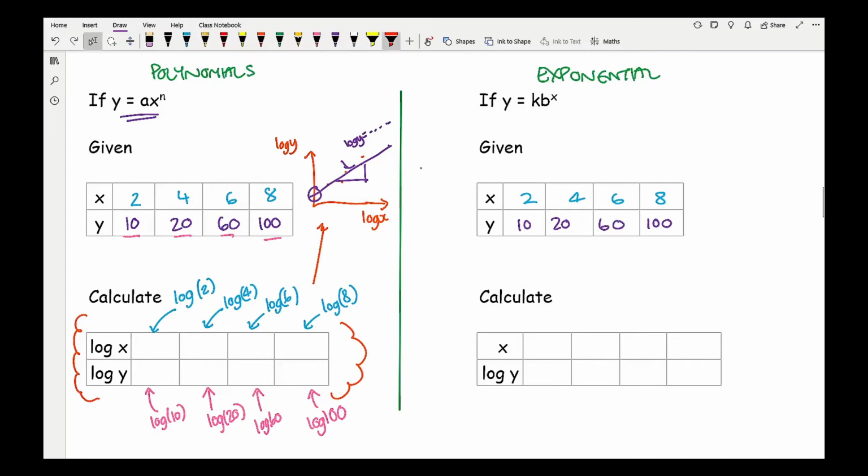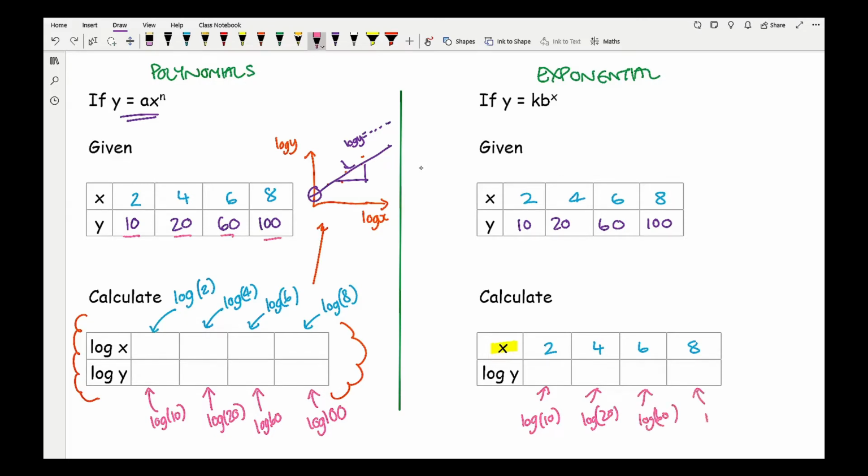Now moving on to the exponential one. So again here, the x's are going to stay the same. So here that's just going to be, well, let's use the blue, keep it consistent. So 2, 4, 6, 8. But for the y values, I need to use the log value. So that's going to be log of 10. This value here is going to be log of 20. This is going to be log of 60.